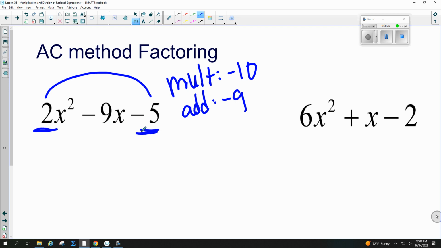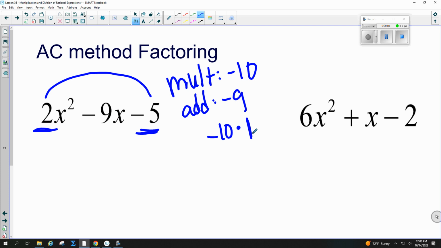Raise your hand if you know two numbers that multiply to negative 10 and add to negative 9. Someone who I haven't called on yet would be great. Daniel? Okay, negative 10 and positive 1. Okay, does everybody agree? Yes, but don't put your parentheses yet. Everybody agrees those multiply to negative 10, add to negative 9.